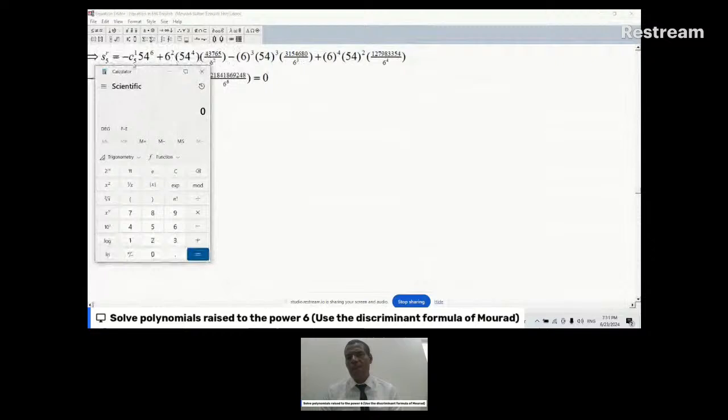Okay, we have -5, again 0, -5 times 54 raised to the power 6. Okay, plus 54 raised to the power 4 times 43,765.